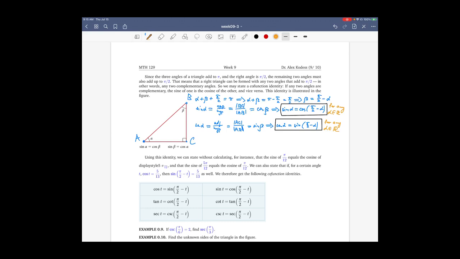We can immediately see that sine of pi over 12, whatever it is, equals cosine of pi over 2 minus pi over 12, and that is 5 pi over 12.